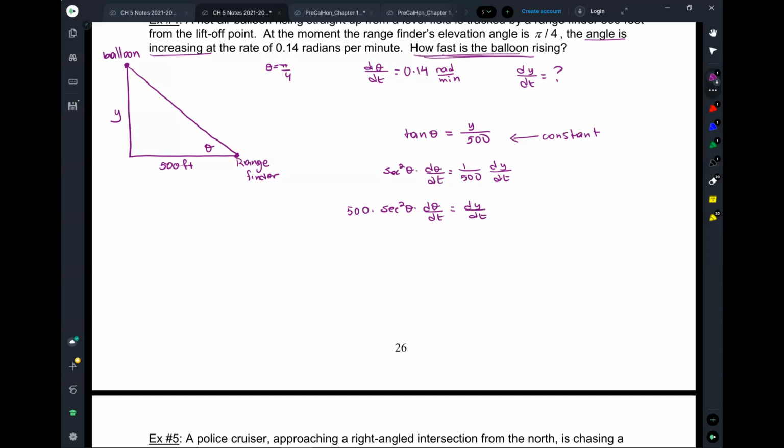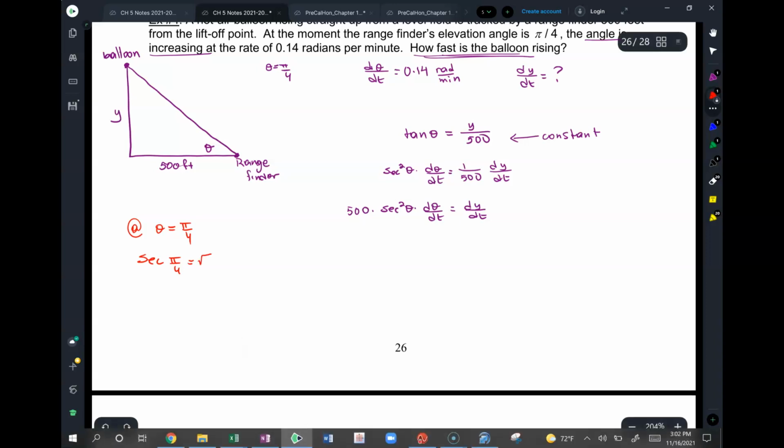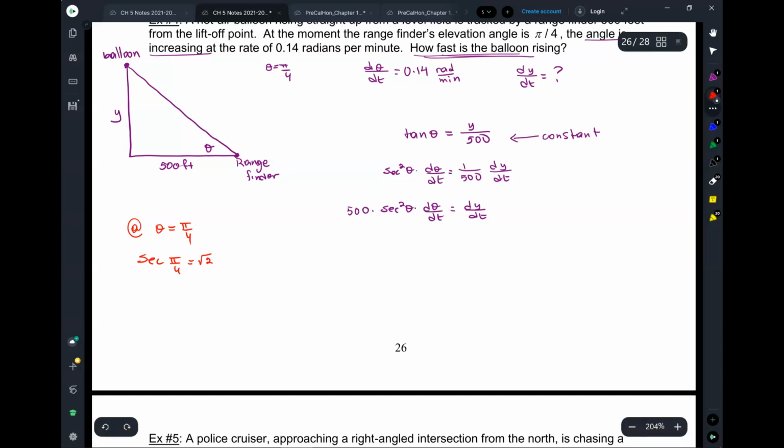What is this secant squared theta business? When is this happening? When theta is pi over 4. What's secant of pi over 4? What's cosine of pi over 4? 1 over root 2, or root 2 over 2. So secant is just root 2. So this is 500 times root 2 squared times 0.14.